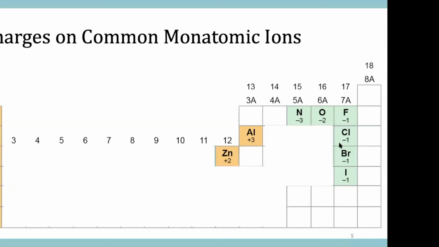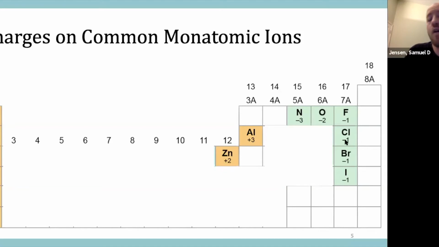Yeah, same number. But chlorine is not always going to be -1. It's -1 when it's by itself. But if you put chlorine and oxygen together, one of them has to be positive. Somebody's got to be positive, somebody's got to be negative.